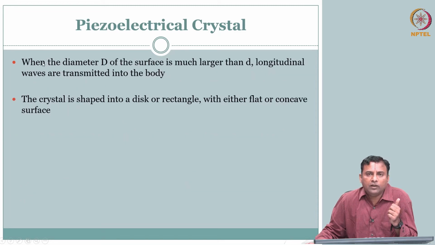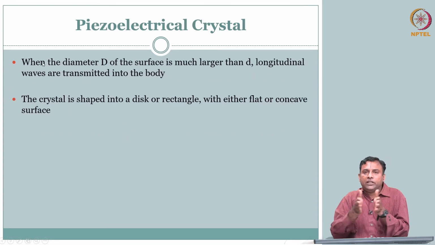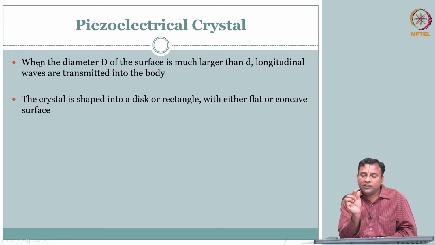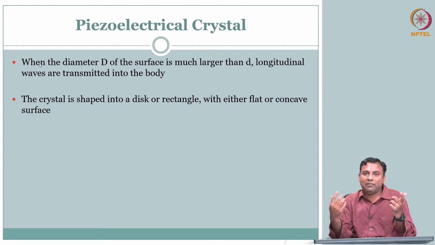So what is our objective? Our objective is to create these plane waves that we talked about, right? So thickness is one dimension. What is the other dimension? The size, right? If you call thickness the z direction, because that's how we have been using it, then xy is the other dimension.